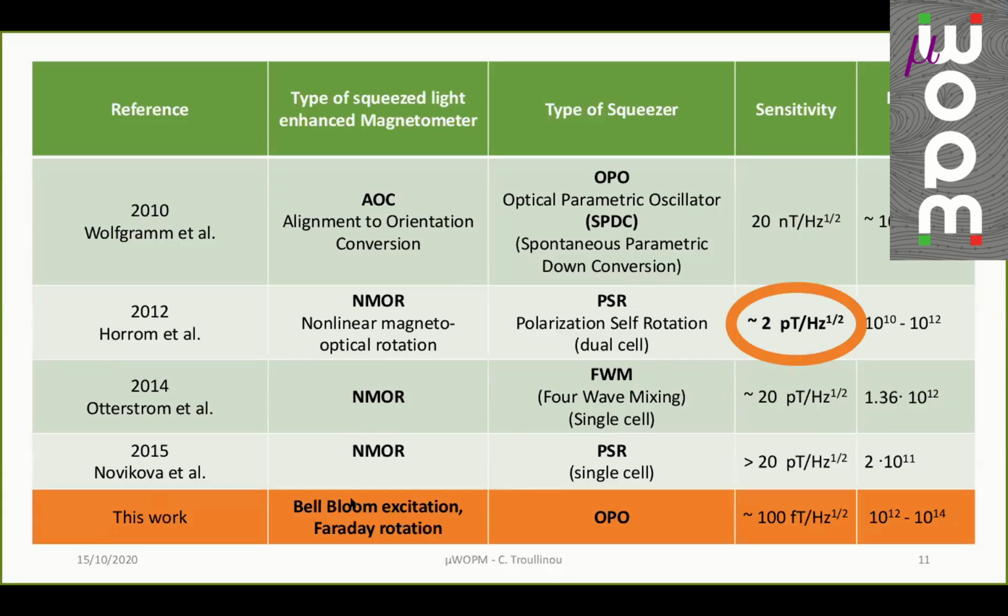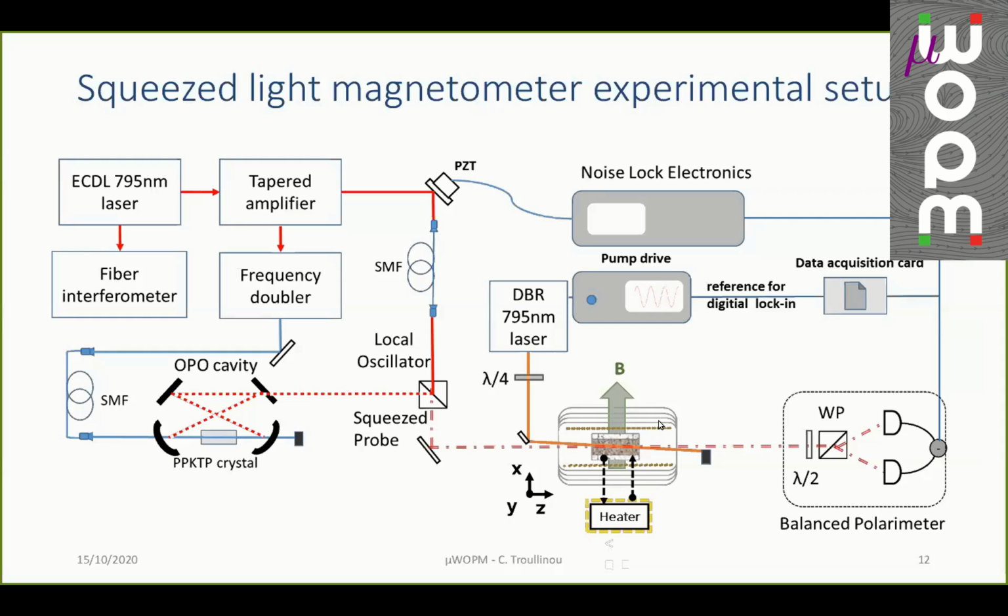The work that I would like to present today is exploiting the Bell-Bloom excitation and Faraday rotation. It's based on an optical parametric oscillator with spontaneous parametric down conversion for the squeezing, and has been exploited to achieve a sensitivity of about 100 femtotesla per root hertz with atomic densities that can reach up to 10 to the 14. The setup that we are using looks like that.